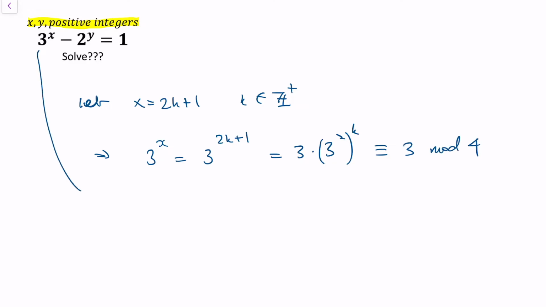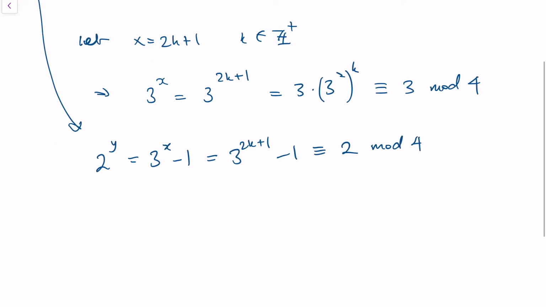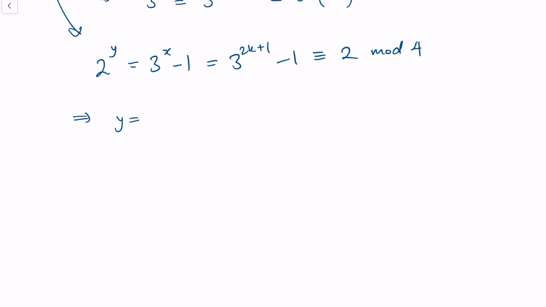Now, if we rearrange this equation, we have 2^y = 3^x - 1, which is equal to 3^(2k+1) - 1, which is 2 in mod 4. So this implies that y must be 1. The reason is that we want 2^y to be 2 in mod 4.